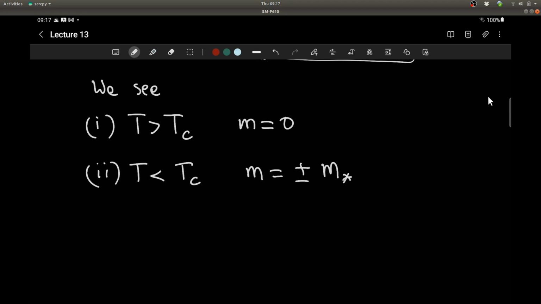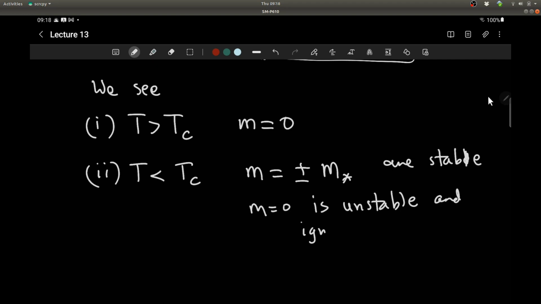What does that mean? What does the plus and minus mean? Why is it we have two solutions? And M equal to 0, we will explain later, is unstable. Okay, it's also a solution, it's unstable, but these are stable. We'll explain what is stable also, and ignored or thrown out.